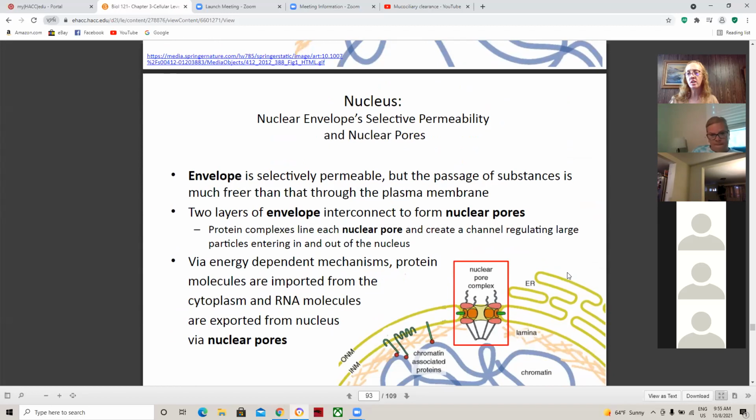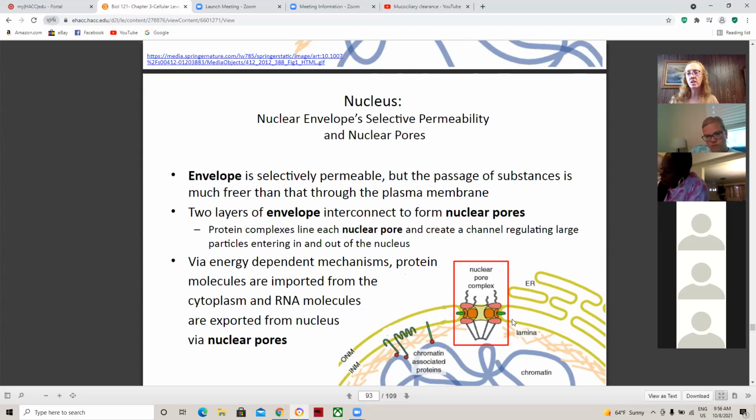Like the plasma membrane, this nuclear envelope is selectively permeable, allowing certain things to move through and blocking other things from moving through, but the passage of substances in the nucleus is much freer than it is in the plasma membrane.